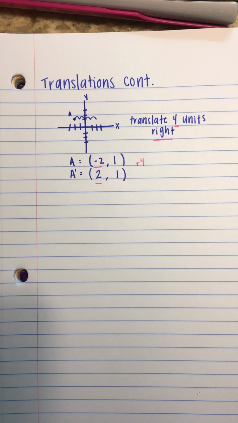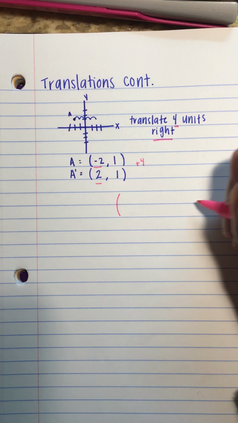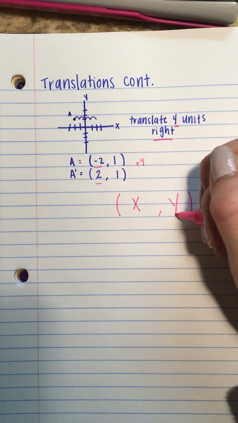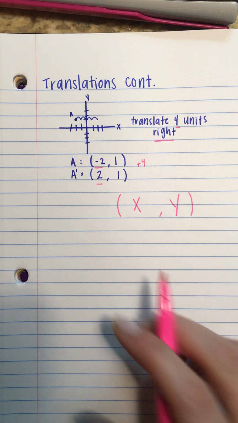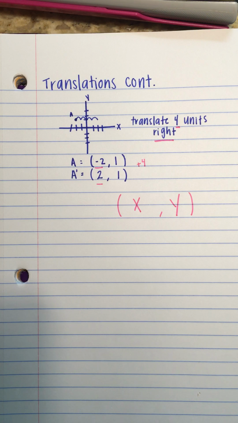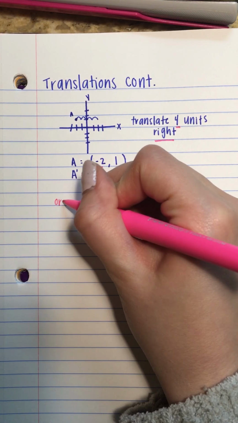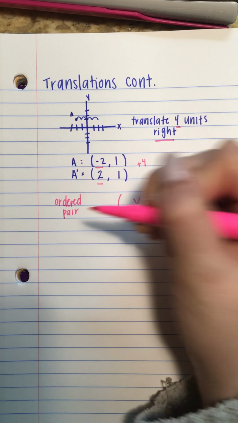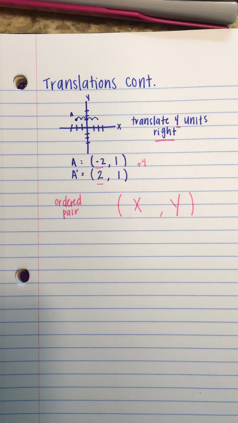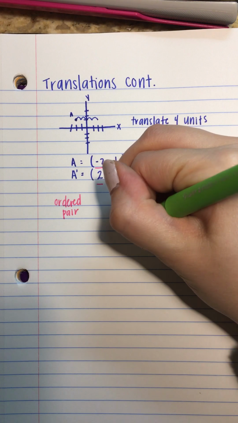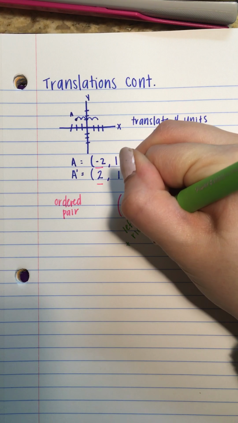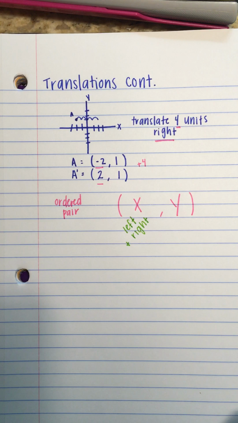So if we're going to translate an ordered pair, what makes up an ordered pair? X and Y. Agree? So here's my ordered pair. Our X's control left and right movement.